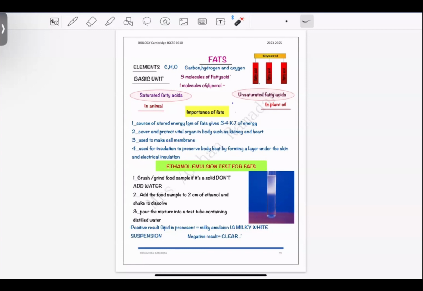Can you tell me for which test we shouldn't add water from the beginning? The fat test. We add the water, but after adding the ethanol to the sample. Do you get it? Right.